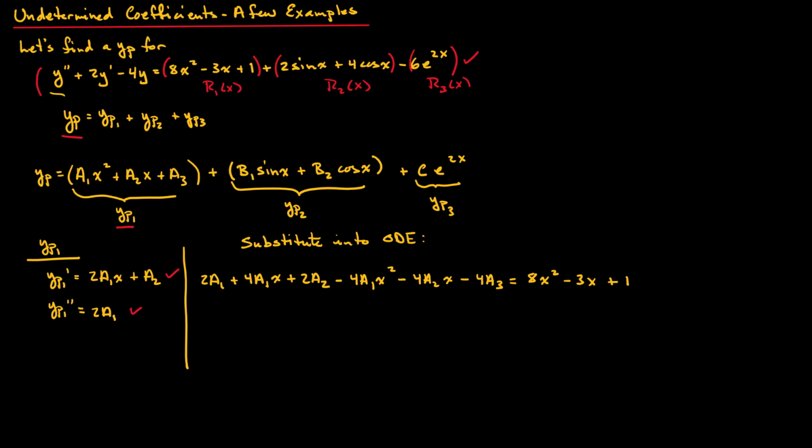So what we need to do now is just equate like terms. First, why don't we look at the x squared terms? What we find here is that minus 4a1 should be equal to 8. Then we can look at the x terms. On the left-hand side we have 4a1, and then nothing until minus 4a2, and that is equal on the right-hand side to minus 3.